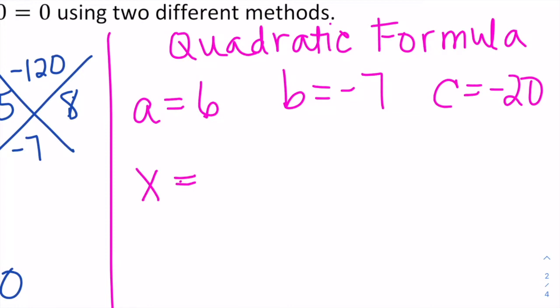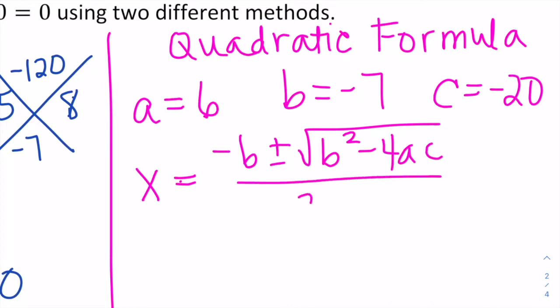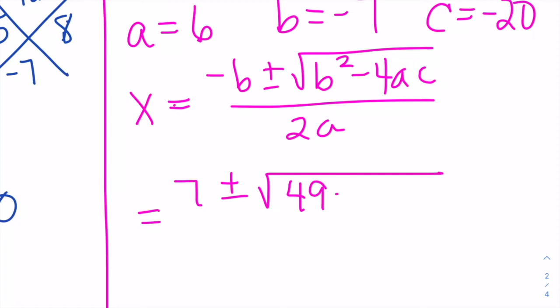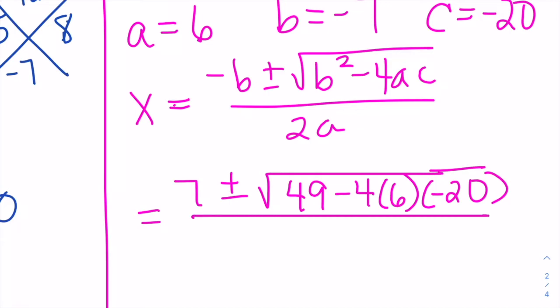So x equals -b plus or minus the square root of b squared minus 4ac all over 2a. So when we plug that in, that'll be +7, plus or minus the square root of -7 times -7, which is 49, minus 4 times 6 times -20. That's our a and our c. All over 2 times 6.